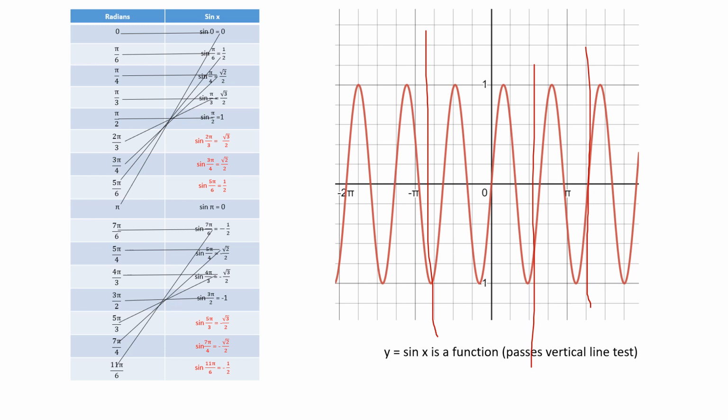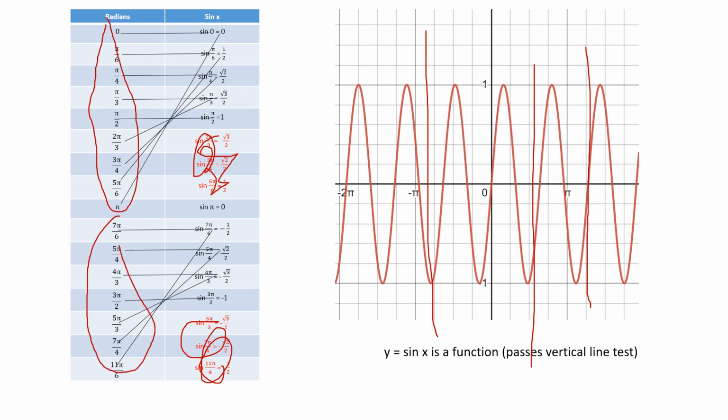And what I've got here, these are duplicates. And if I'm just looking at, is it a function, every input has only one line going to an output. Now, 7 pi over 6 and 11 pi over 6 both go to -1/2.